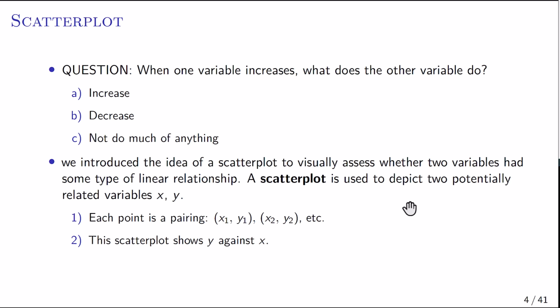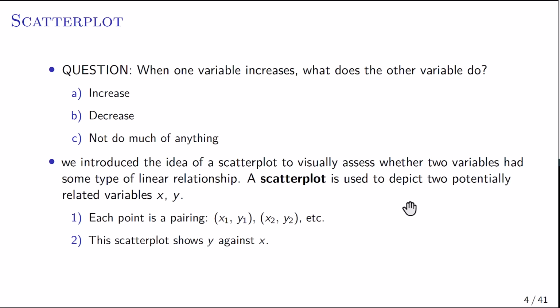The key question is, because we have 2 variables, we want to know the relationship between them. That's equivalent to asking: when one variable increases, what does the other variable do? It has 3 choices: increase, decrease, or not do much of anything.